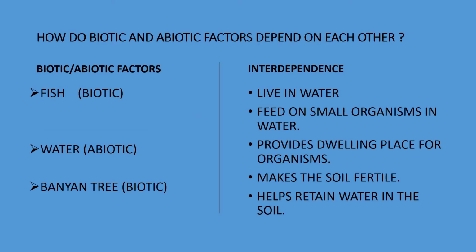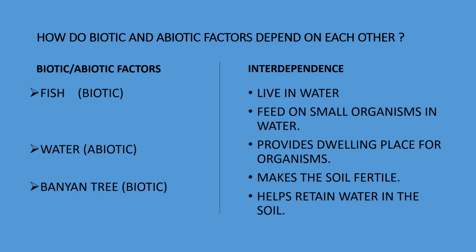Now, let us discuss how biotic and abiotic factors depend on each other. Children, abiotic factors are all of the non-living things in an ecosystem.